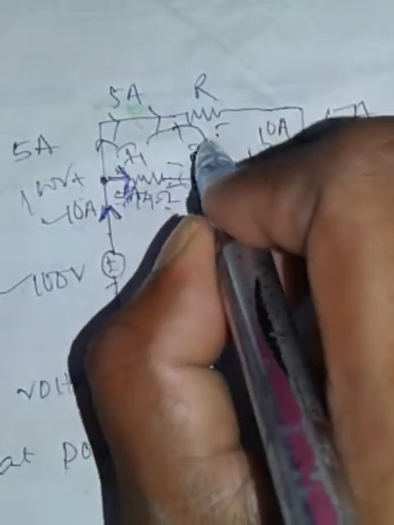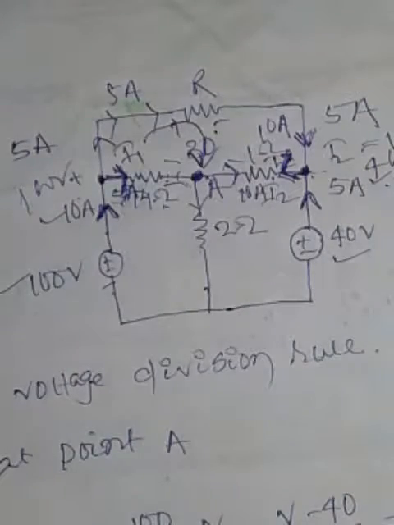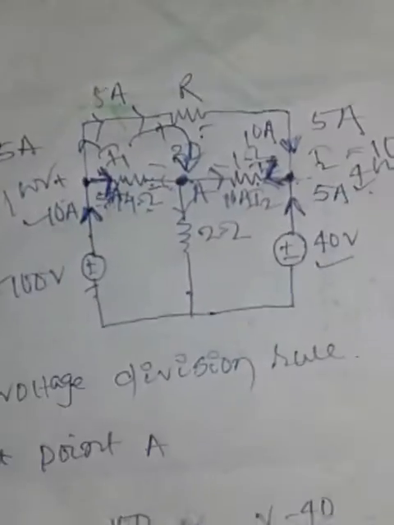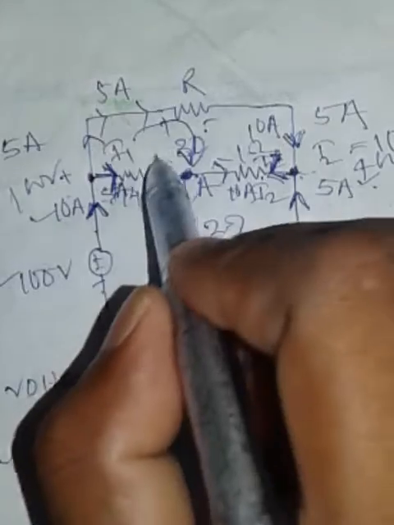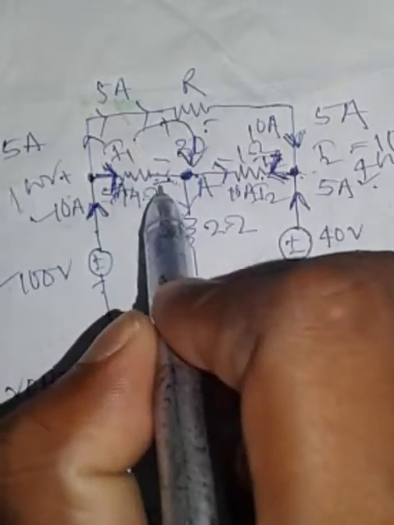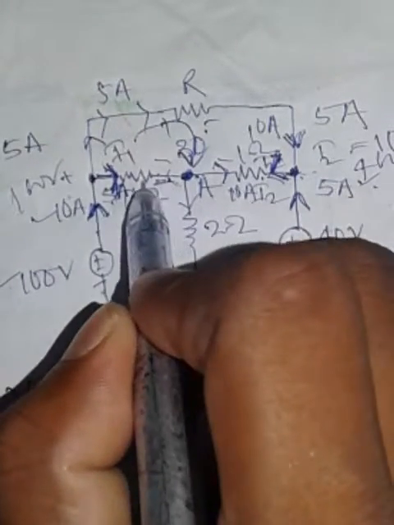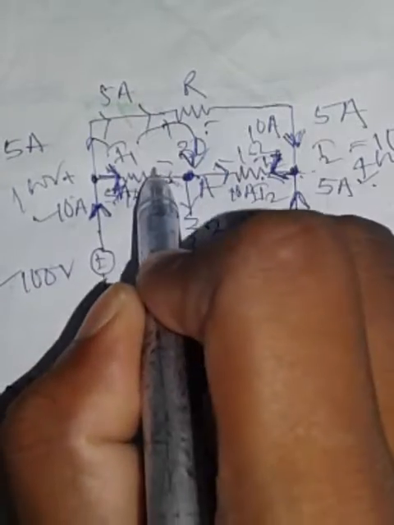So now we apply the total loop KVL. Listen, we apply KVL for this one. This is positive, this is negative. So when we are going in this way, this will be positive. So 5 into 14, minus 5R, because current is flowing in this way. So this is positive, this is negative. So this is 5 ampere current, 5R.